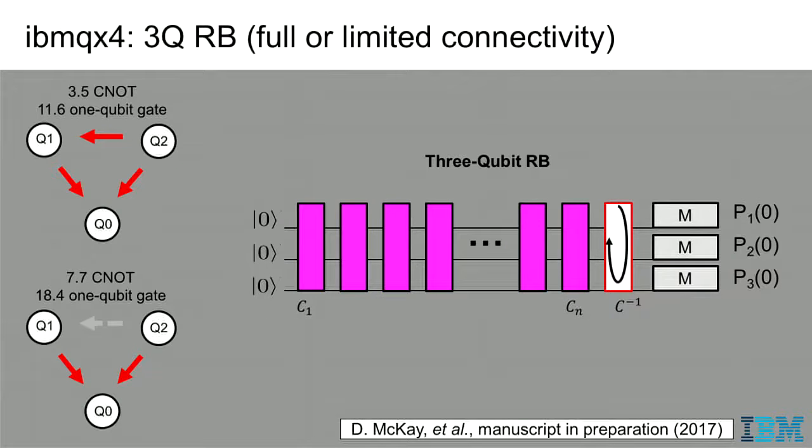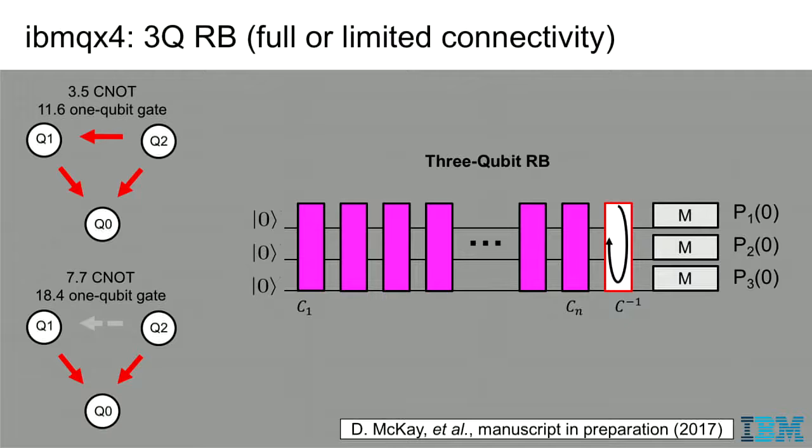This is from some new experiments that we're running. There will be a new manuscript by Dave McKay soon on arXiv, I hope. So 3-qubit RB could be another way of seeing multi-qubit crosstalk.